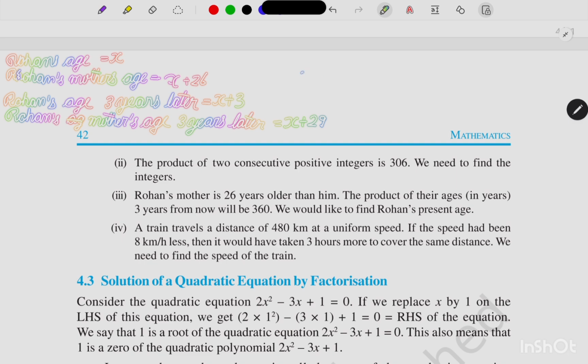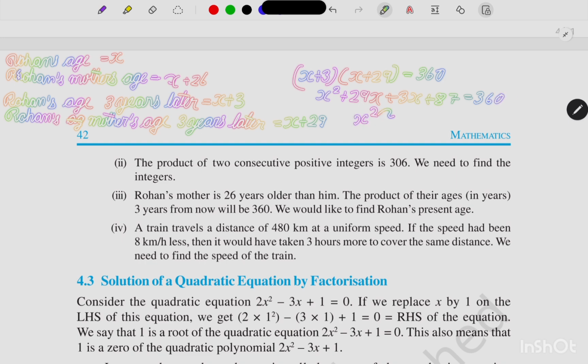Okay, and x plus 3 multiplied by x plus 29 will be 360. Basically x square plus 29x plus 3x, plus 87 equals 360.